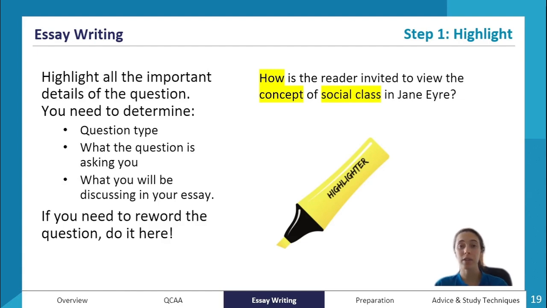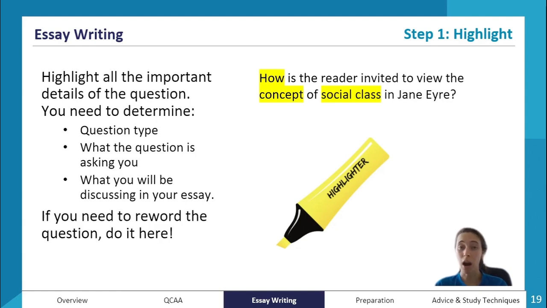Okay, so in terms of steps, when it comes to getting this unseen question, where do you actually go from there? It may feel overwhelming to begin with, but if you break it down into these steps, it can feel a lot more manageable. What I recommend to begin with is highlighting. Highlight all the important details of the question.